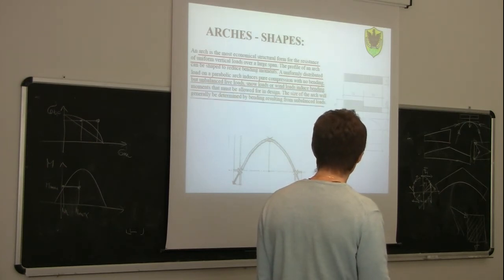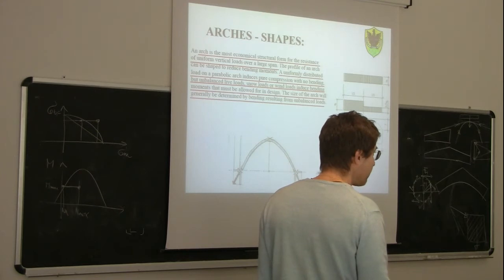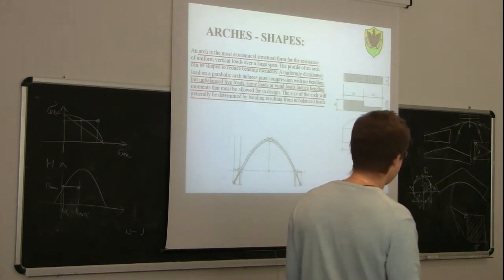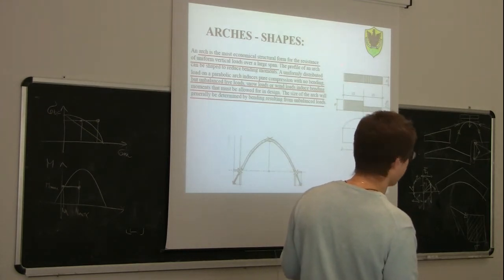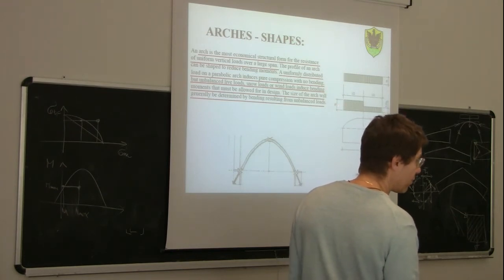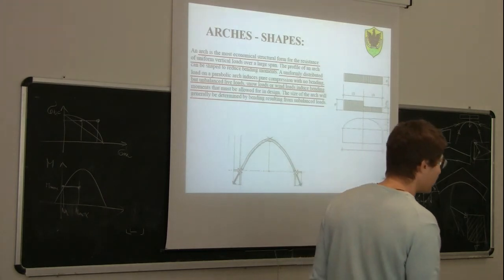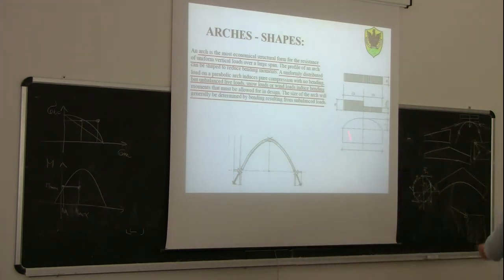However, the most critical load condition for an arch is not the uniformly distributed one, but the dissymmetric one. So for an arch, usually the load condition which governs the design is this, the non-symmetric one, because in the non-symmetric one, we get some bending moment in addition to the axial force.